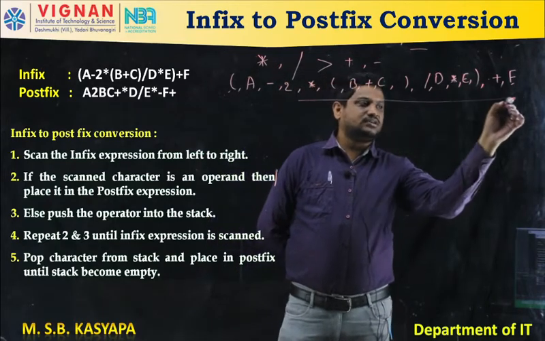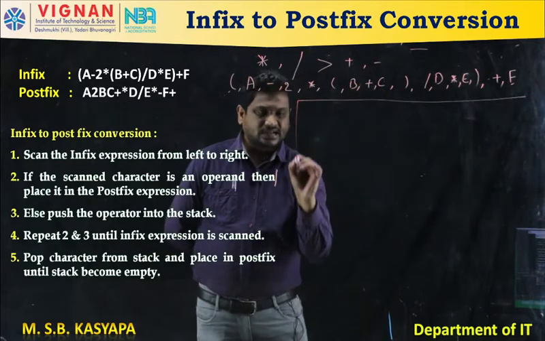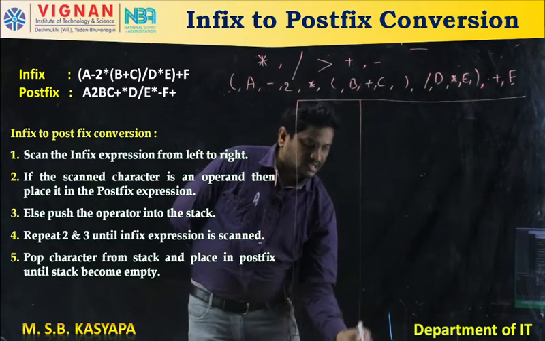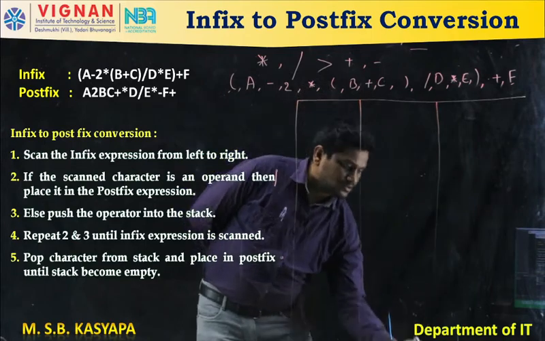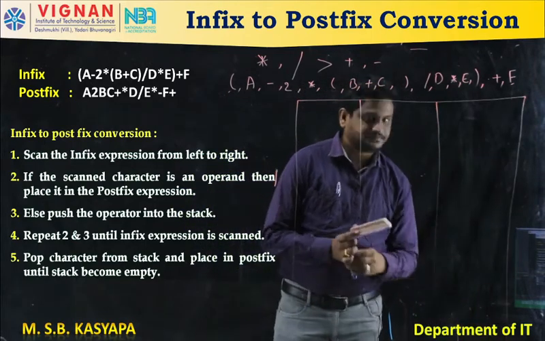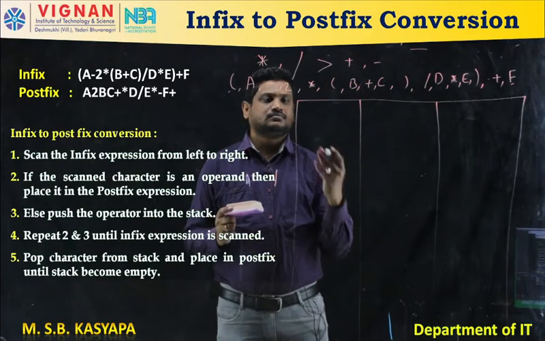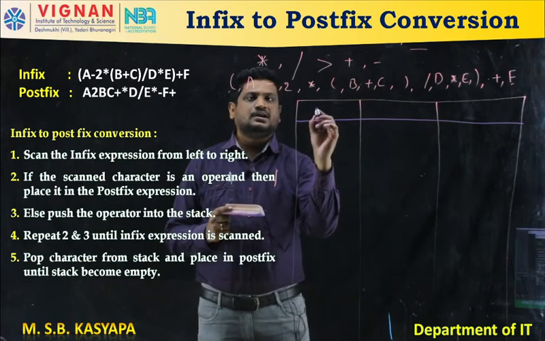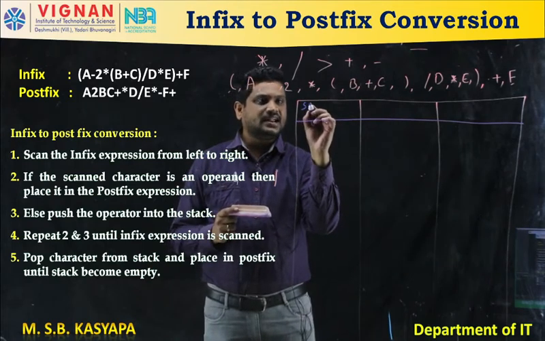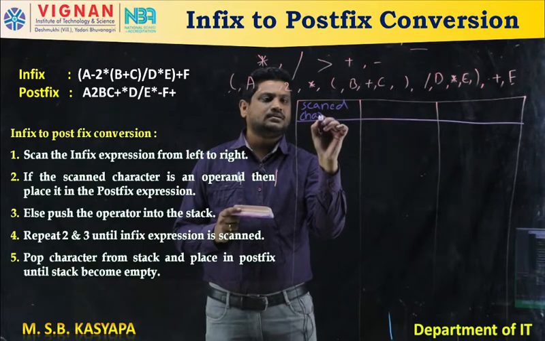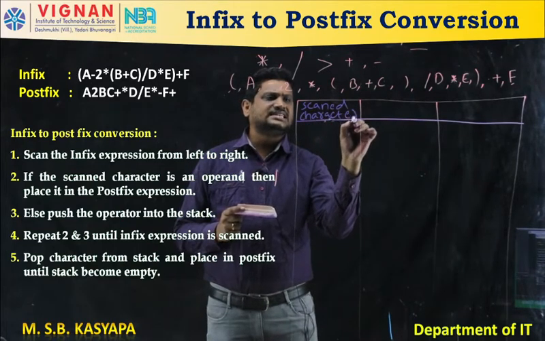Now, I am going to write the conversion. For that purpose, I am taking a table. See this? The first column is the scanned character. What are scanned characters?